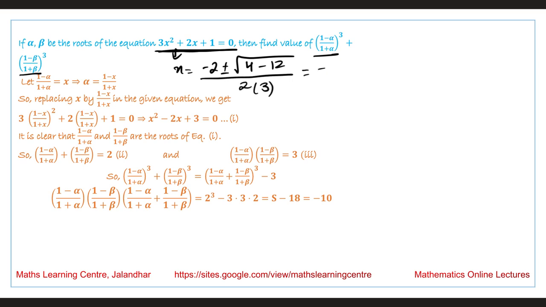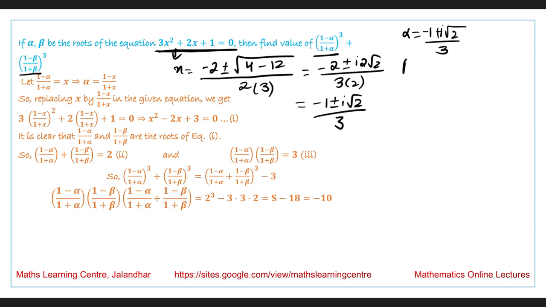So this is equal to minus 2 plus minus iota 2 root 2 by 3 into 2. So this is equal to minus 1 plus minus iota root 2 by 3. So the two roots are alpha is minus 1 plus iota root 2 by 3 and beta is minus 1 minus iota root 2 by 3.